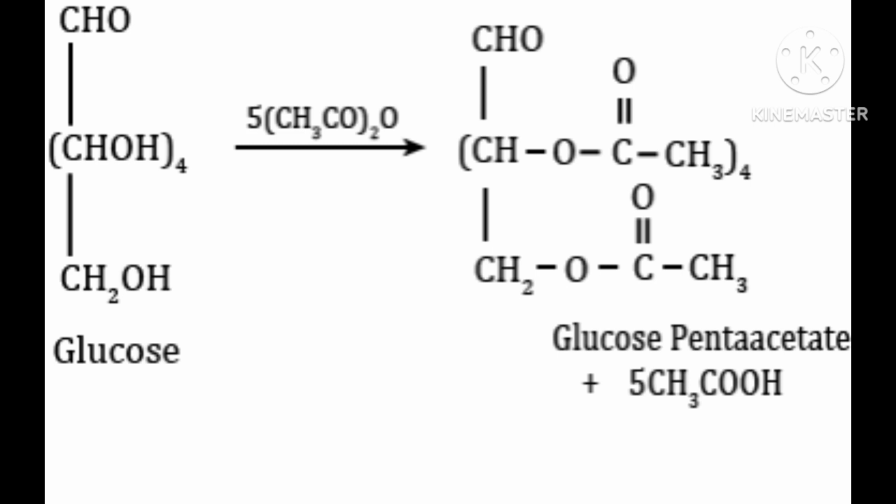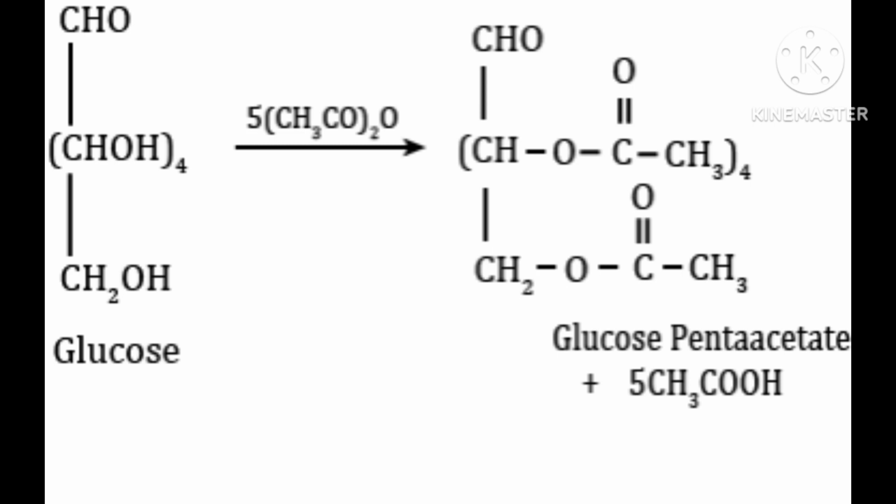But the first carbon, because nitric acid is an oxidizing agent, CHO will convert to COOH. That is the first change. Another change: CH2OH will also convert to COOH. The first carbon and the last carbon both became carboxylic acid.